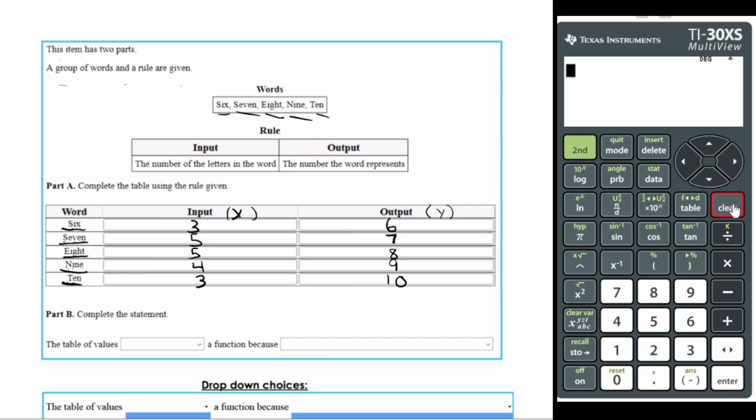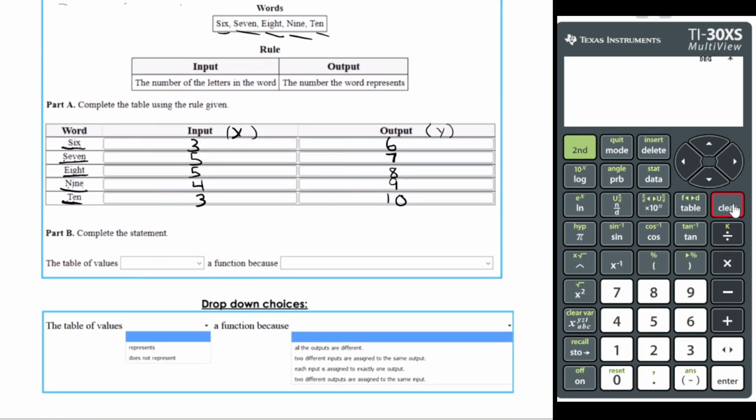Okay? Part B, complete the statement. The table of values either represents or does not represent a function. So, we check our x's. Do our x's repeat? Answer, yes. This 3 repeats with this 3. This 5 repeats with this 5.